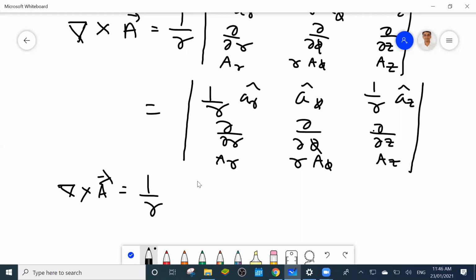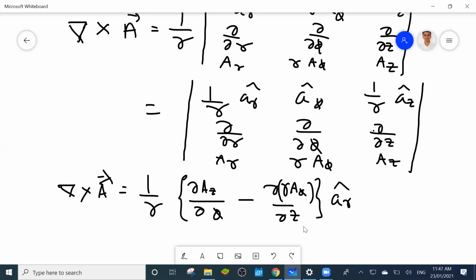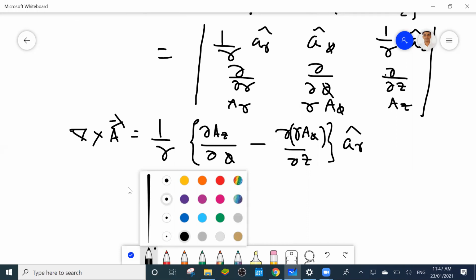So 1 by r, del A_z by del phi minus del (r A_phi) by del z, into r-cap. Then the second term. You write in your copy.